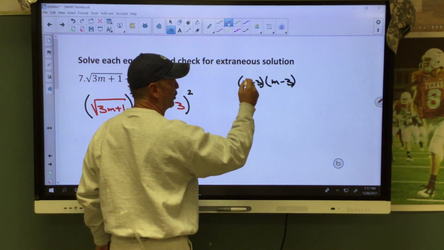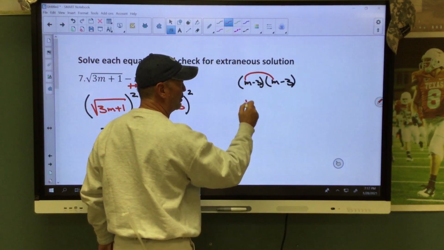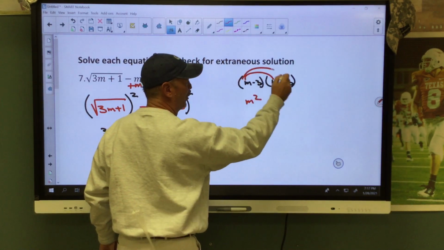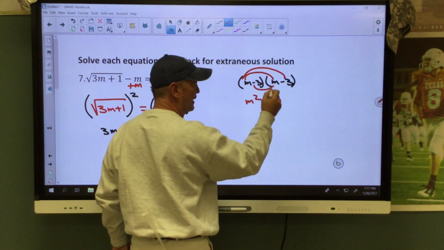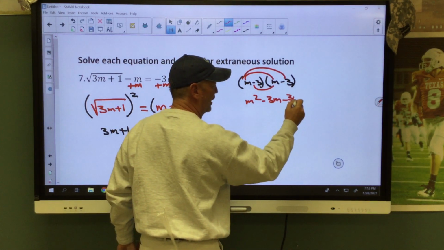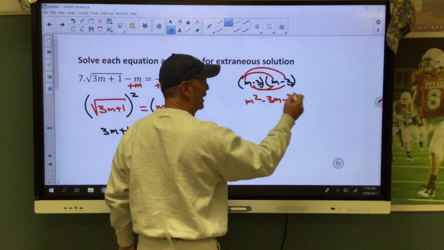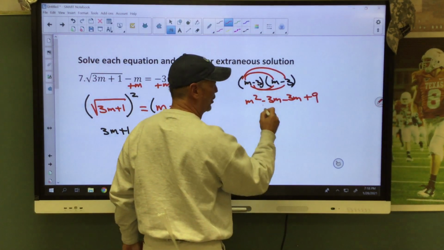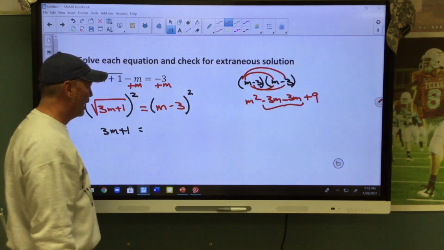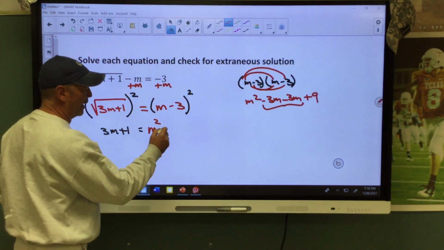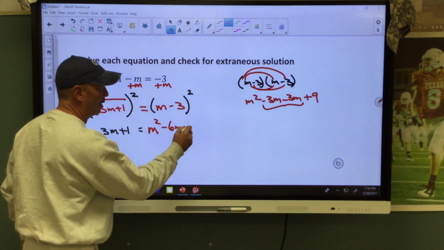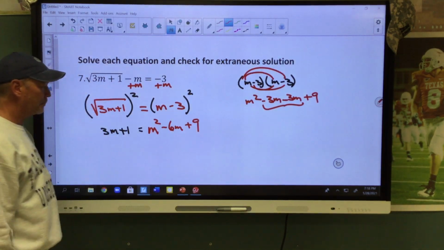What's going to happen is you're going to multiply and get m squared. You're going to multiply and get negative 3m. You're going to multiply inside and get another negative 3m. And then multiply and get a positive 9. And then you're going to combine like terms. I should end up with m squared minus 6m plus 9.